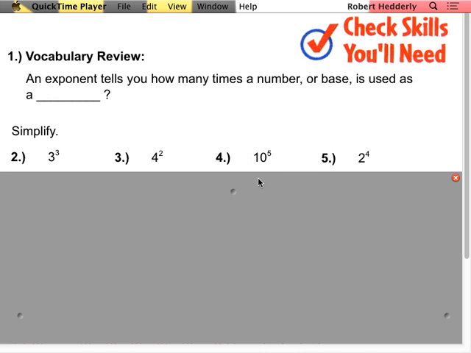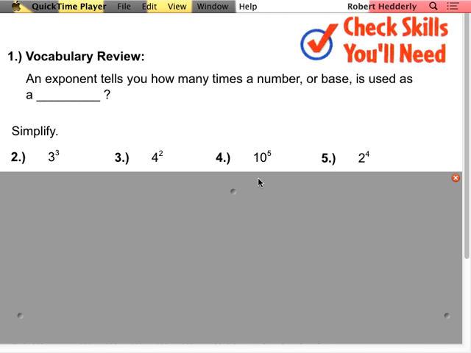Okay, this is the final lesson that actually has new material that will be on the unit test. Vocabulary review. An exponent tells you how many times a number or base is used as a, who has the answer for that? Rudy?